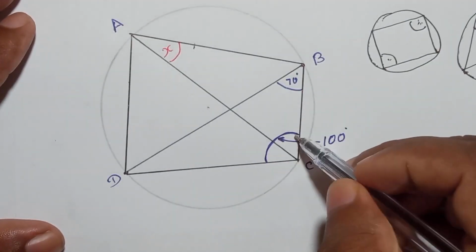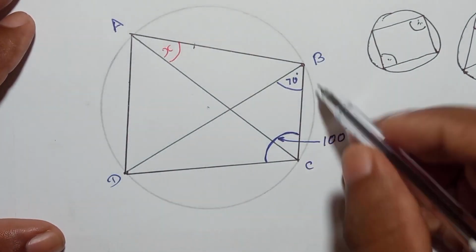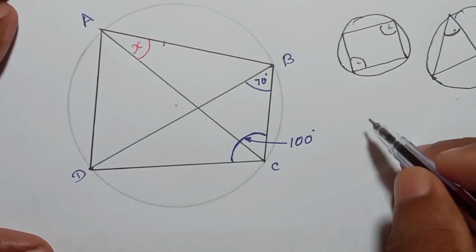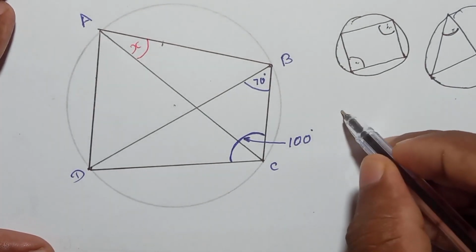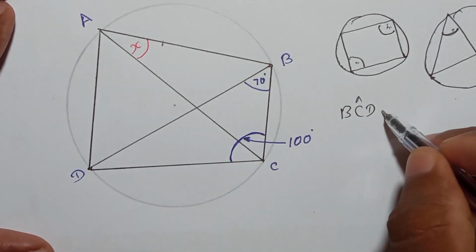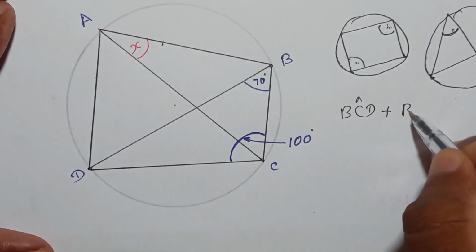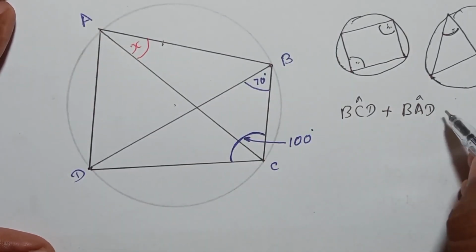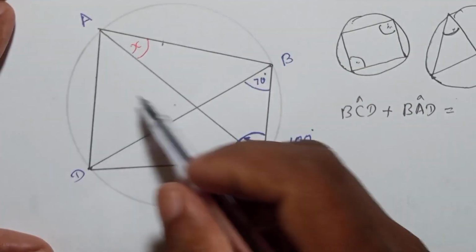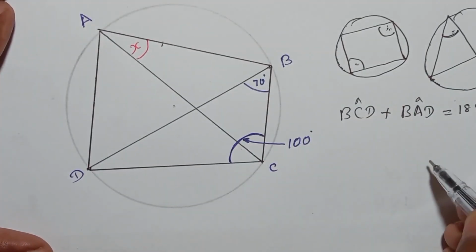So if this is 100, this should be 80. If they ask you to write the reason, you can write: angle BCD plus angle BAD, or someone calls it DAB, the same angle, these two equal 180.